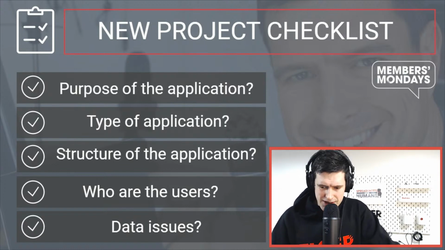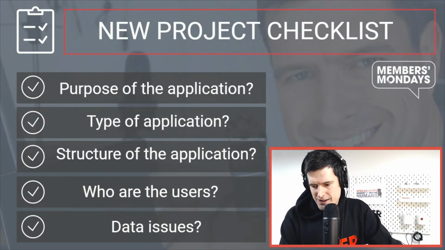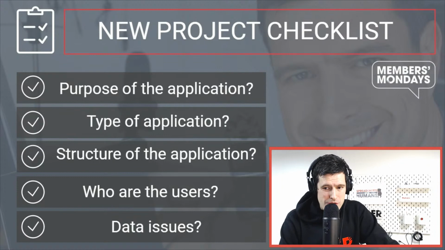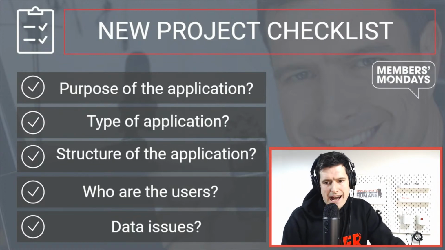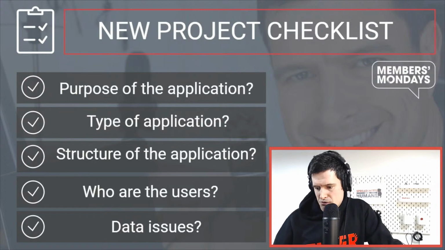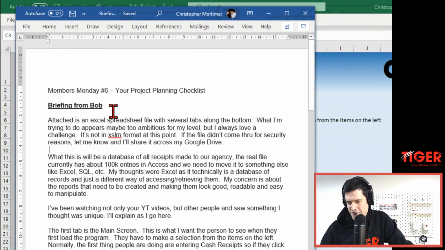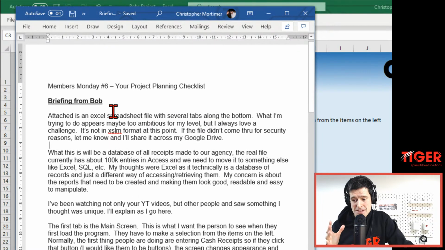Okay, the first thing we're going to think about is the purpose of the application. And believe it or not, people don't always think about what the purpose of the application is. And I'm going to go to Bob's briefing now. In the briefing from Bob, Bob, I'm going to have to make some critical comments about what you've done.